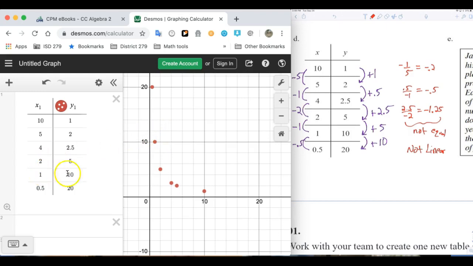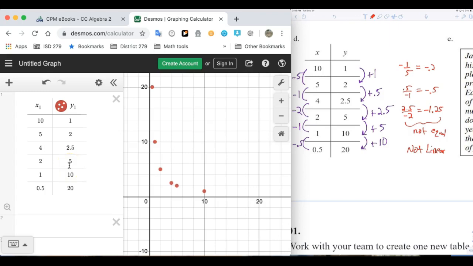So how would we come up with an equation? That's an interesting topic in and of itself, and I think we'd have to play with it a little bit if we wanted to actually come up with the equation. I am noticing here that if I multiply x and y, like 10 times 1, 5 times 2, 4 times 2.5, 2 times 5, these are all equal.